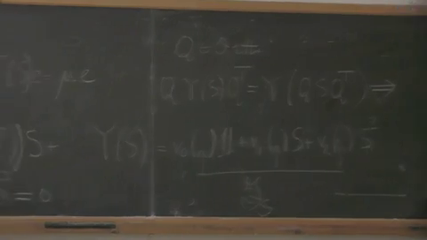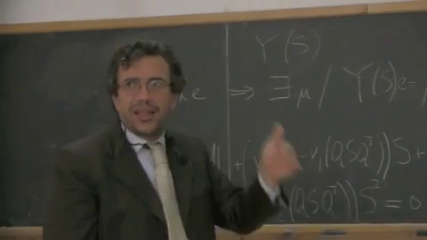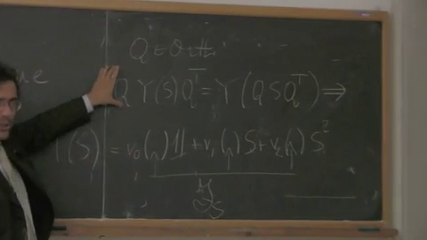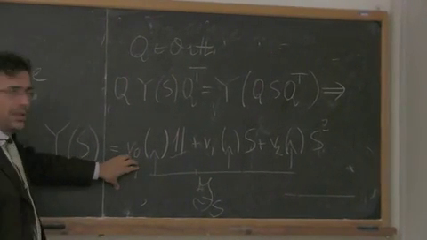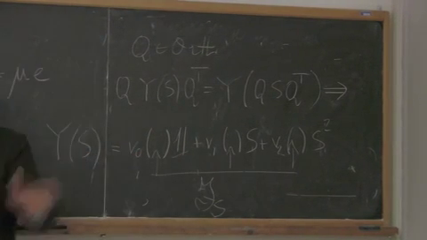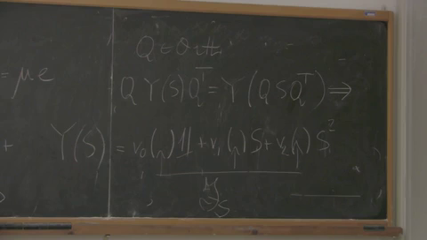So we have proven an intermediate step. We have proven that if Y is isotropic, then it is of this form where V0, V1, and V2 are scalars. Okay?